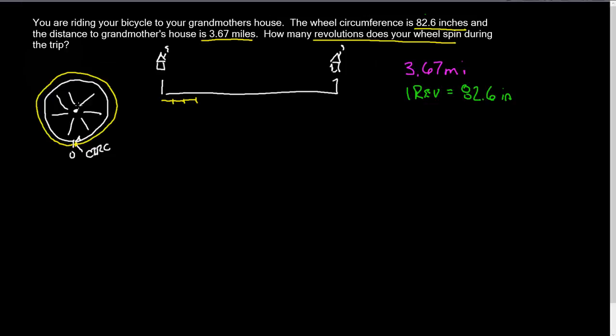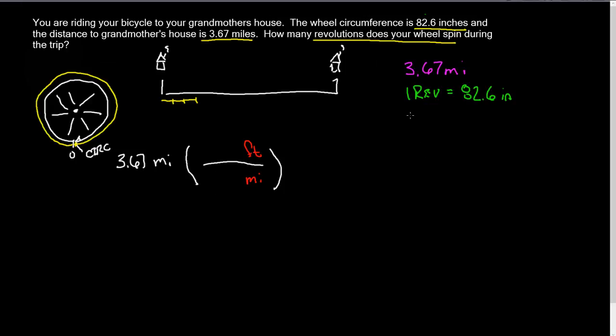So let's talk about some of the different formulas I can use to do that, different conversion factors. I'm going to start out, and I'm just going to write units out here. So I'm starting out in miles, and I've got 3.67, and that's given in my problem. The first thing I want to convert between is miles and feet, because that's a pretty easy one.